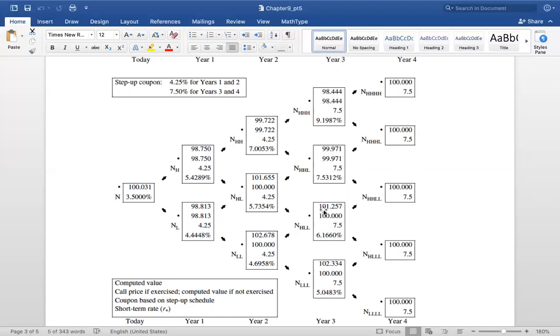So this is how to value it. All the other procedures we discussed remain the same. What I mean is that this value here is calculated by taking the average of the present value of this and the present value of this, at this rate, divided by 2.